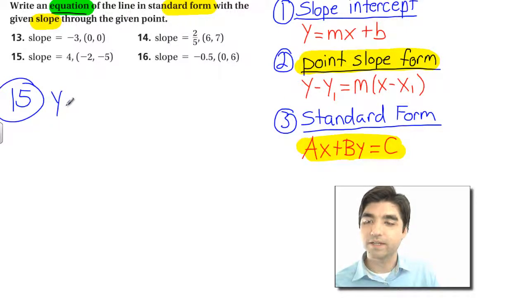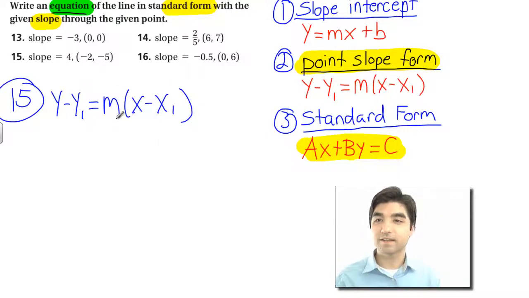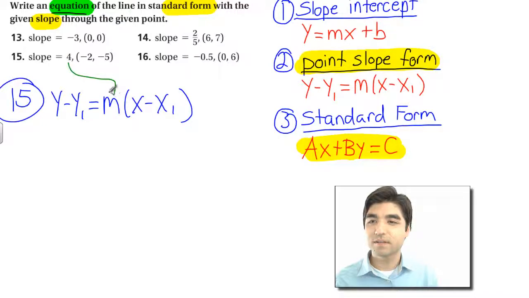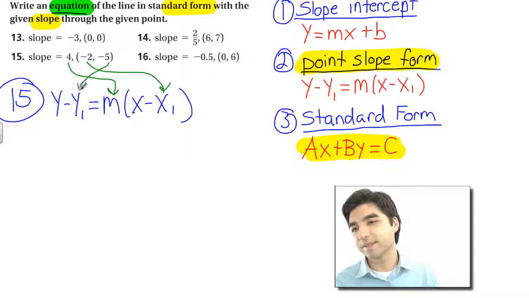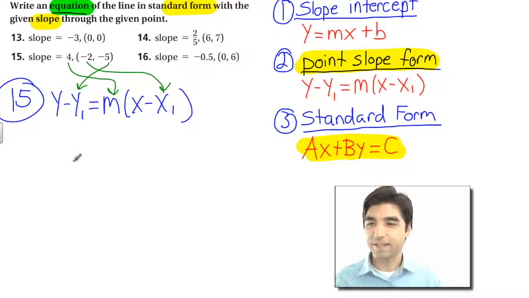So again, you just write your general equation here. y minus y1 equals m times x minus x1. Okay, so then we need to take the slope and put that into the equation, and the x and put that over here, and the y and put that over here. So let's put all those numbers in and crank it out.